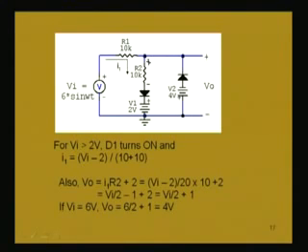For that, we replace this I1, Vi minus 2 by 10 plus 10, 20, into R2, which is 10, plus 2. This gives, after simplification, Vi by 2 plus 1. So, depending upon what the Vi is at any particular instant, it will give you the output voltage.